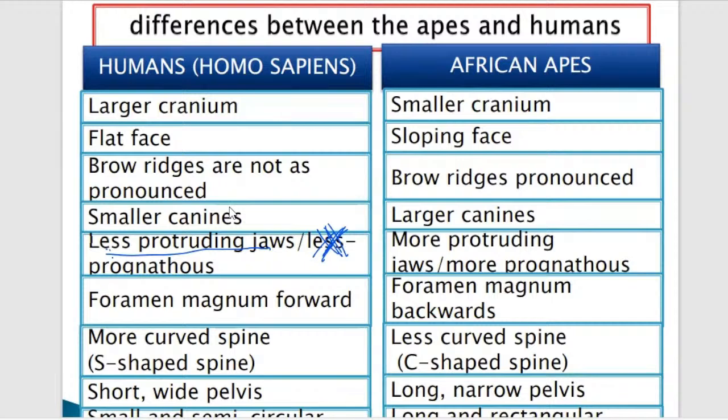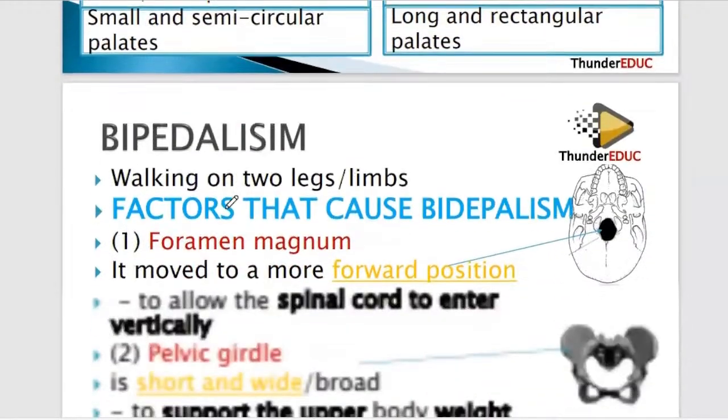So don't say less prognathus; we say non-prognathus for the case of human, and here you say prognathus, don't say more prognathus. Or you can say less protruding jaws is correct, and then more protruding jaws is also correct. But don't say less prognathus. You say non-prognathus for human, here you say prognathus. Foramen magnum in backward position is the shape of the spine, that's all cool.